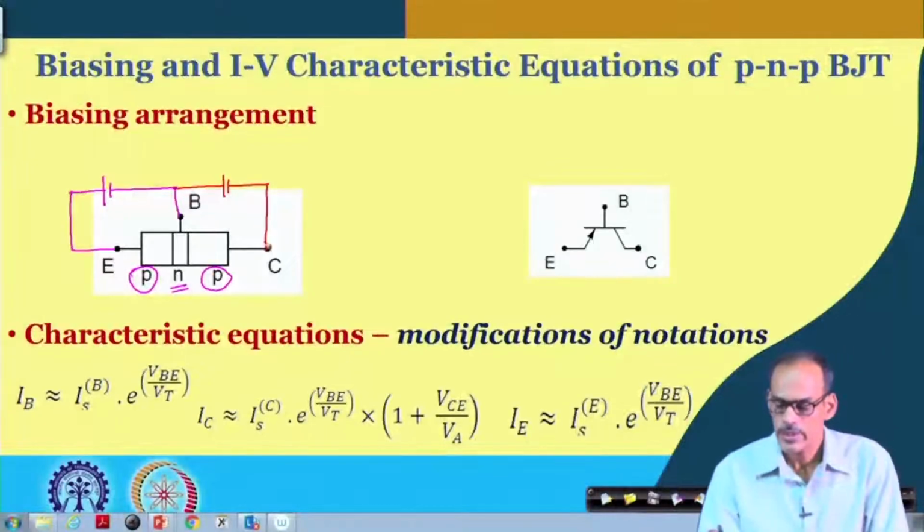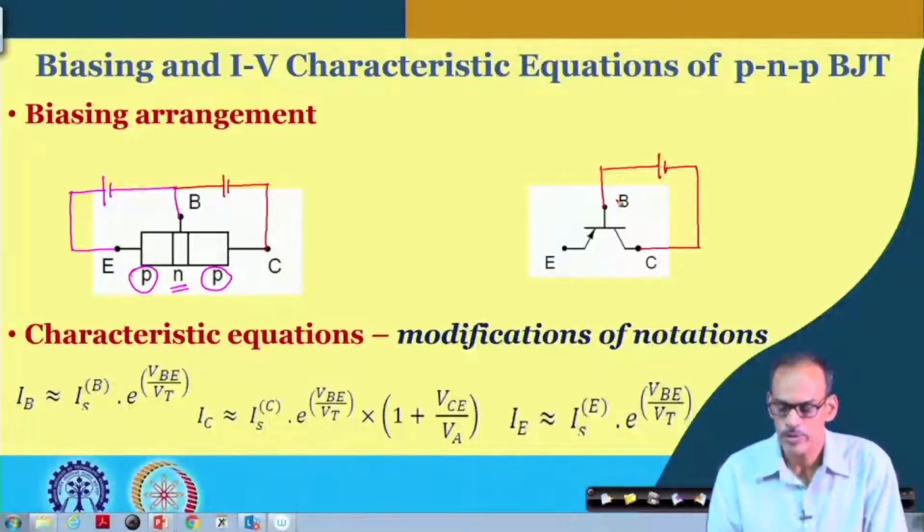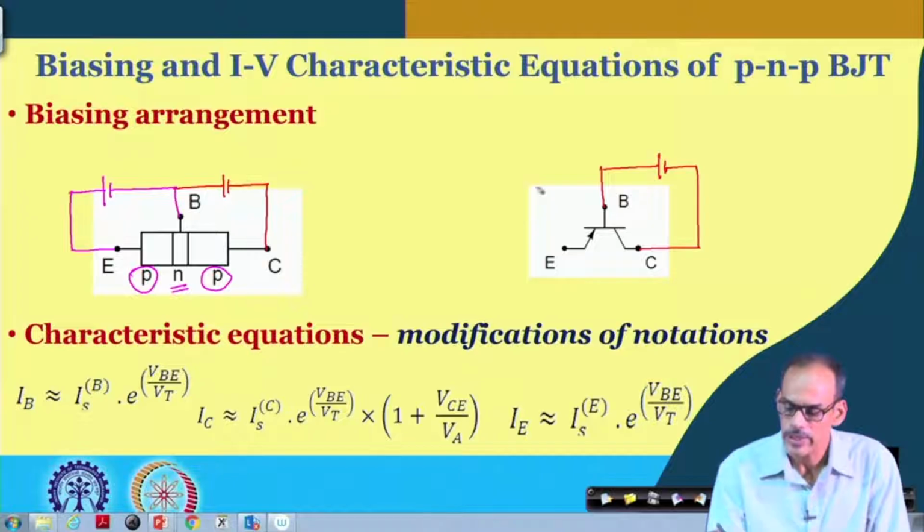So, this is the corresponding symbol. Here we may consider the bias such that the emitter is at higher potential with respect to the base. So, we do have higher potential here.